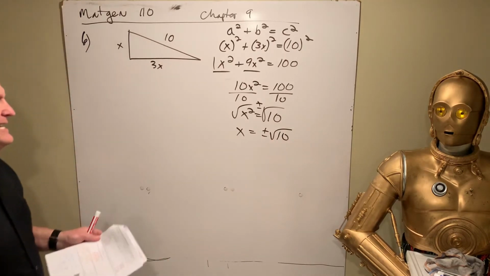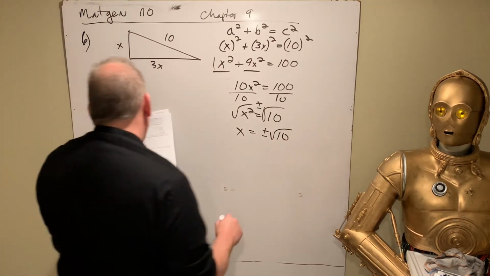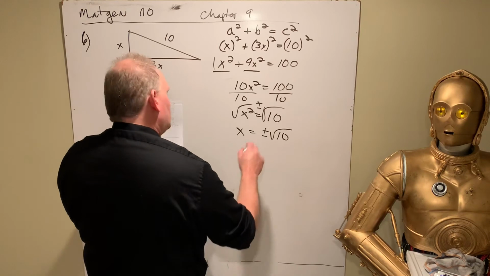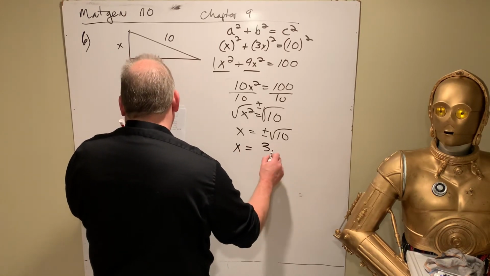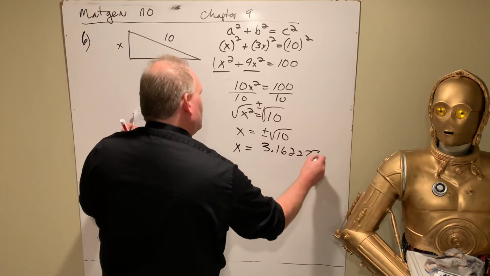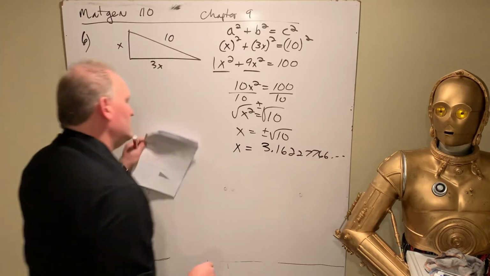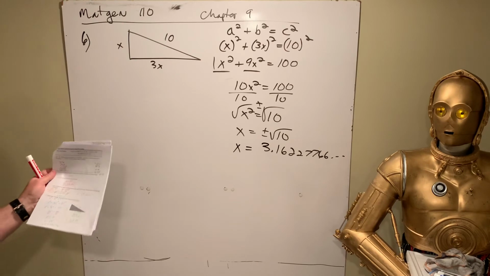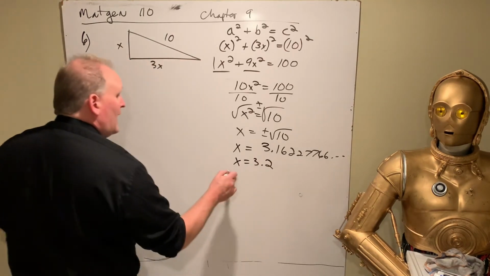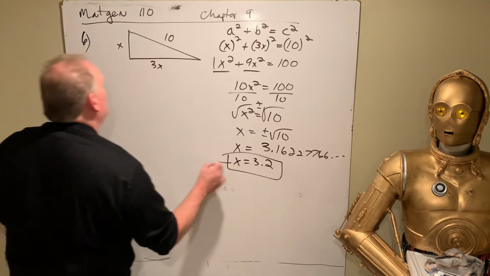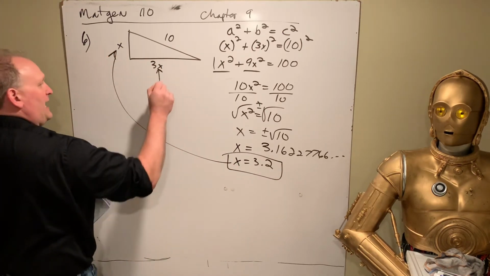Again, it's a length, so negative doesn't make any sense at all. So we do that, and the square root of 10 is 3.162277666, forever. It's irrational, a non-terminating, non-repeating decimal, but we'll just call it 3.2. And so now we take that 3.2 and put it back in there and there.